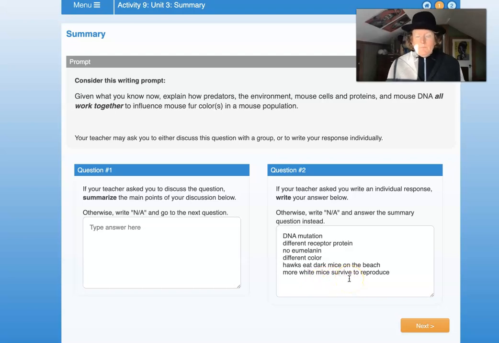So this may have been a mutation in one mouse, but there ended up being a lot of white mice after a time because white mice survived and darker mice didn't, because the hawks on the beach saw those dark mice more easily and ate them. And if you've been eaten and you're dead, you can't reproduce.